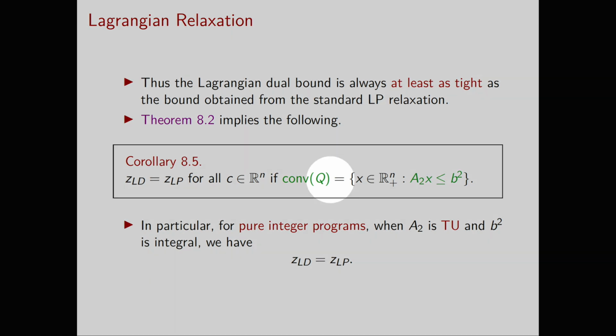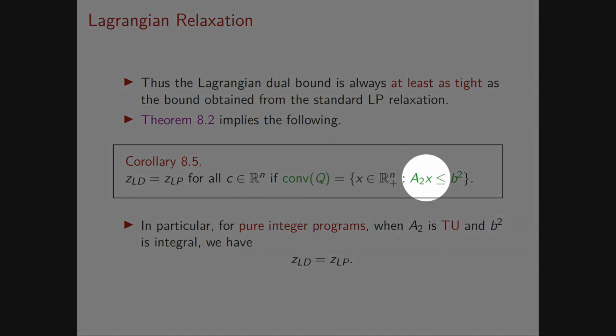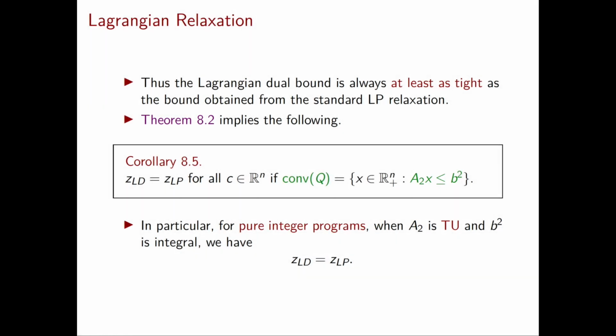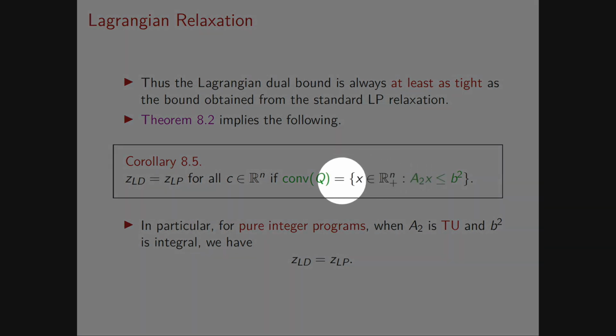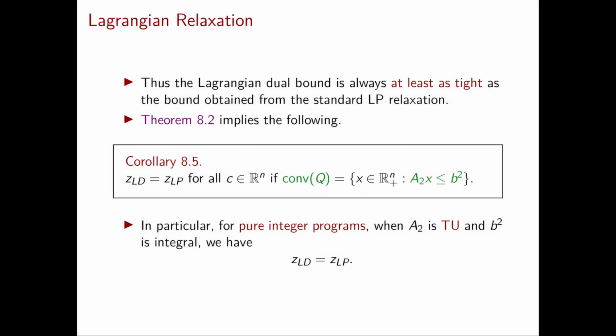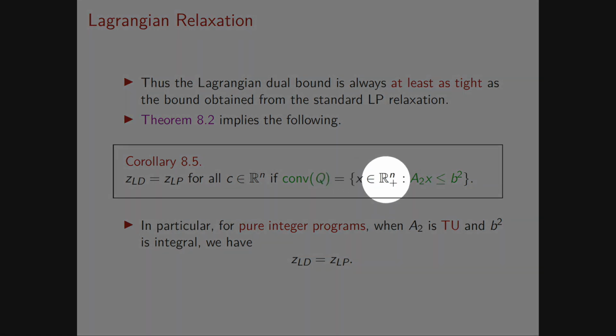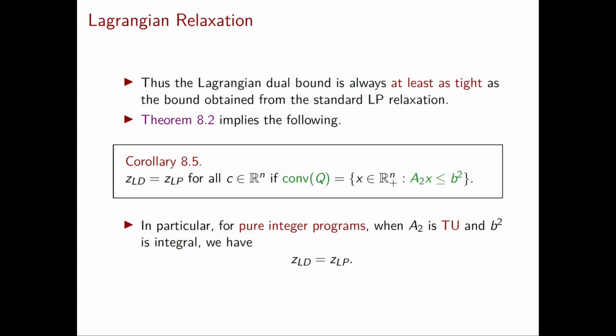Recall that Q is defined exactly as the set of mixed integer points that satisfy these conditions. Therefore, asking for this condition is equivalent to asking that this system gives you a perfect formulation of the set Q.